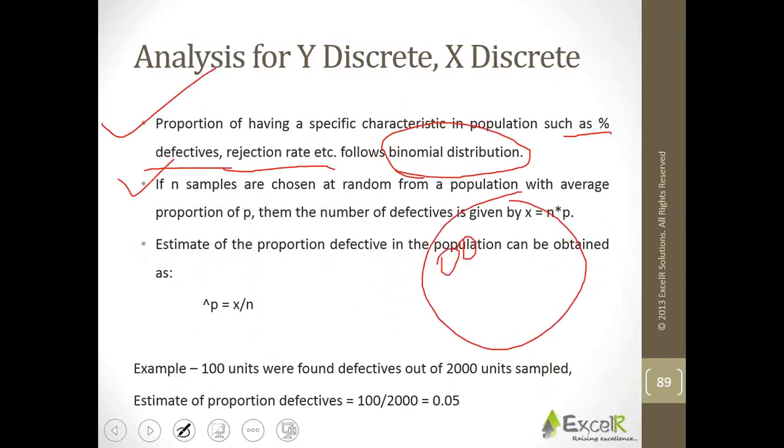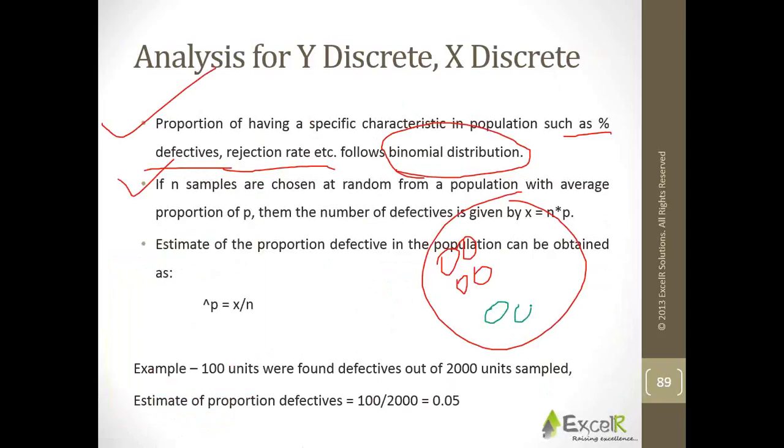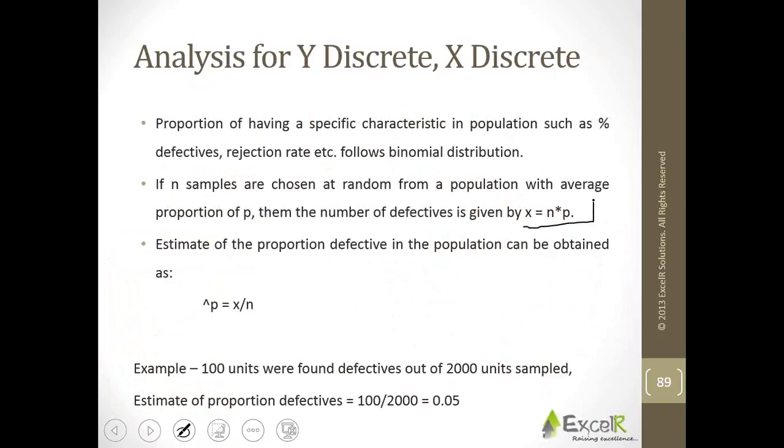If n samples are chosen at random from a population, I have a population. Suppose I have red balls, green balls, and black balls in a basket. If n samples are chosen at random from this population with average proportion p, so I always pick up 2 balls, then the number of defectives is given by x is equal to n multiplied by p.